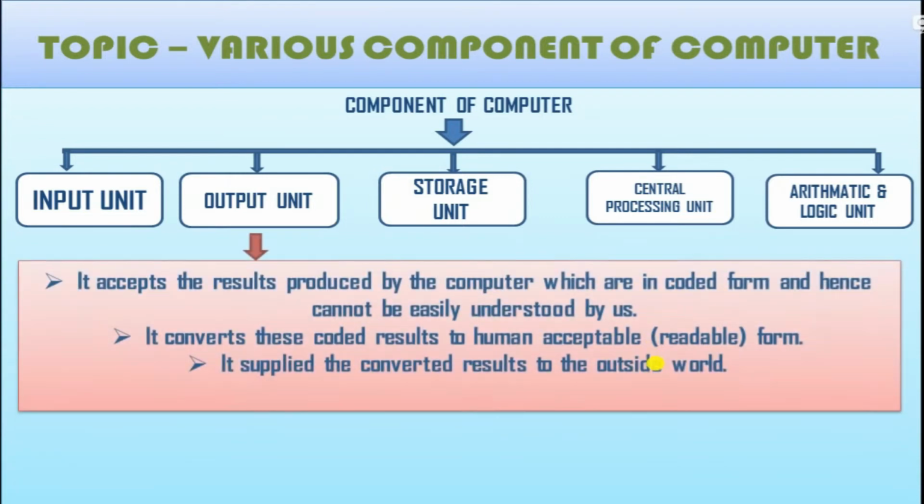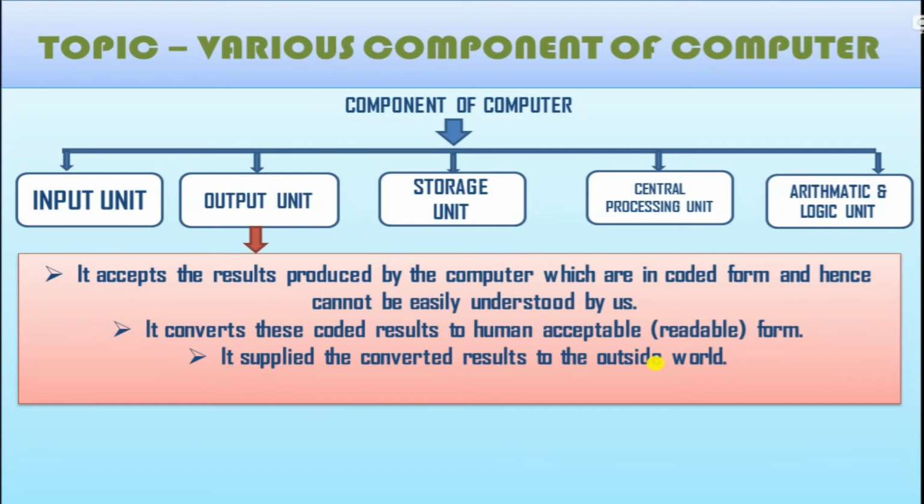Then the output unit. It accepts the results produced by the computer, which are in coded form and hence cannot be easily understood by us. I just said computers know only binary, but we know analog signals.